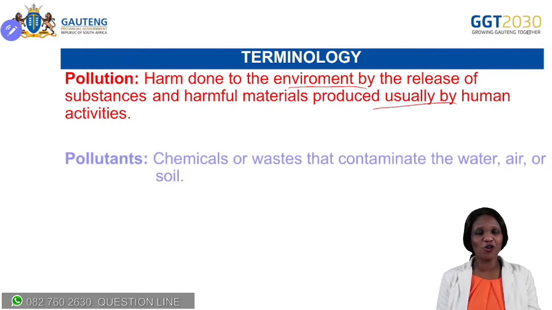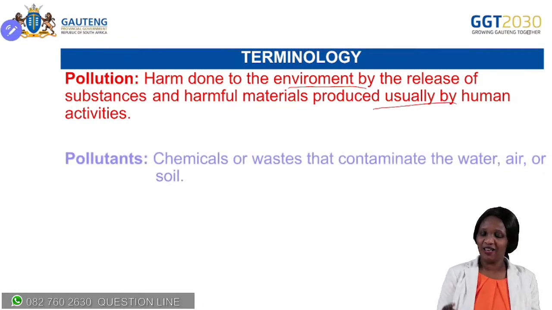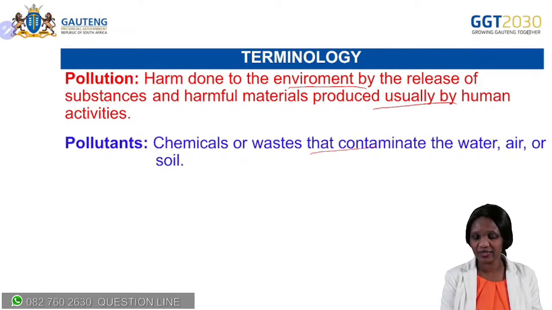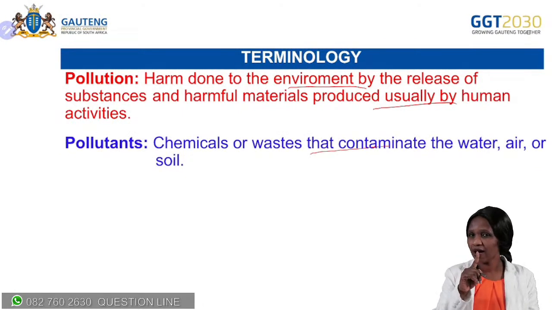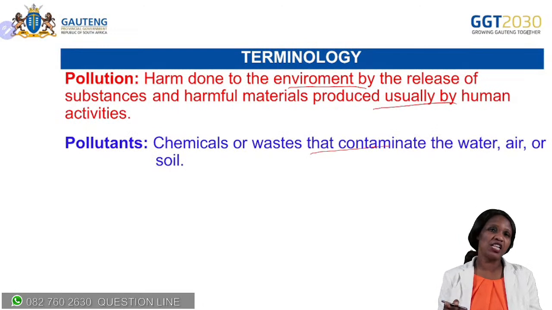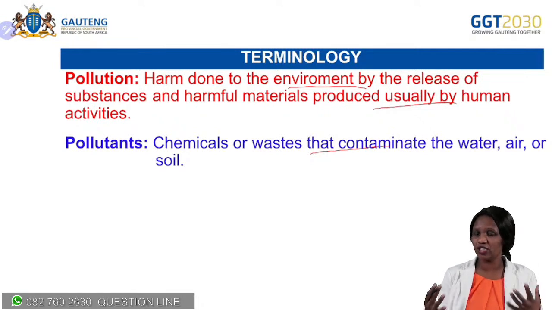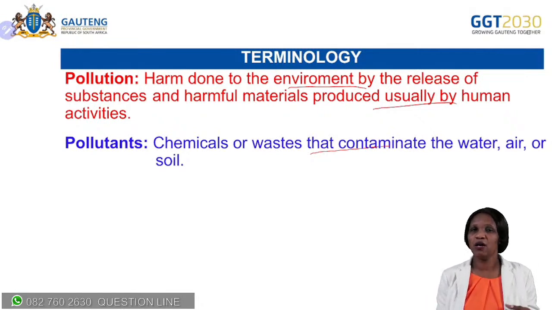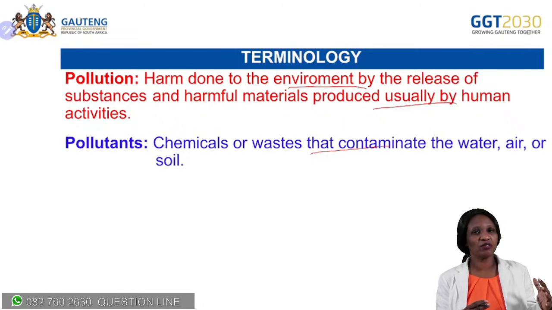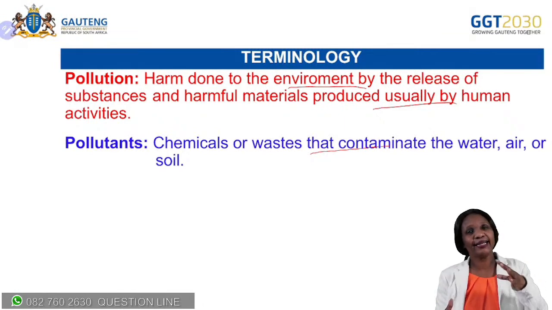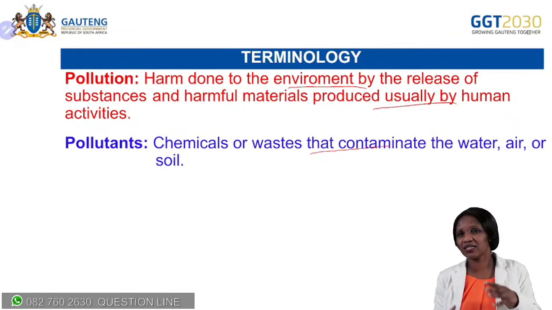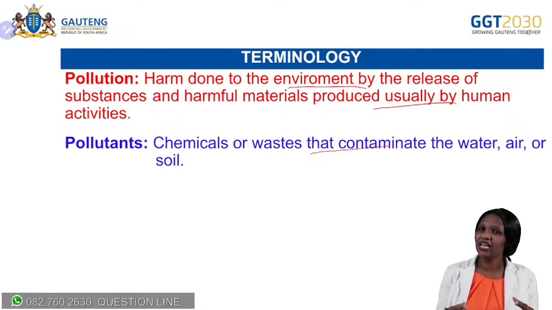And then we've got pollutants. These are chemicals or wastes that contaminate the water, air, or even the soil. For example, if the water is polluted by pollutants, at times the factories or individuals dump their waste chemicals into rivers, and then the marine life will suffer and die.